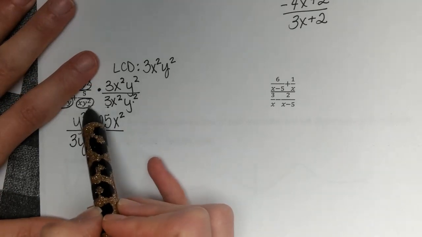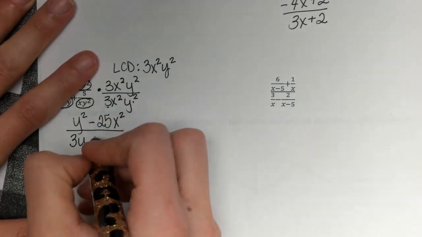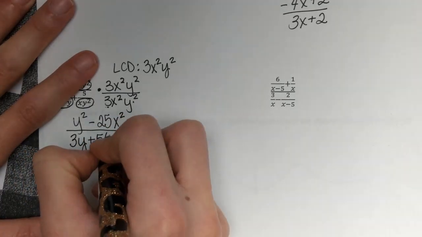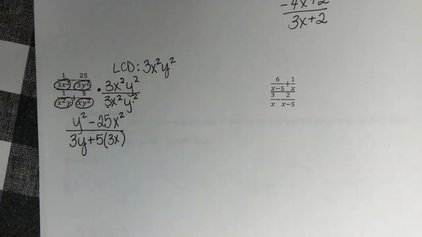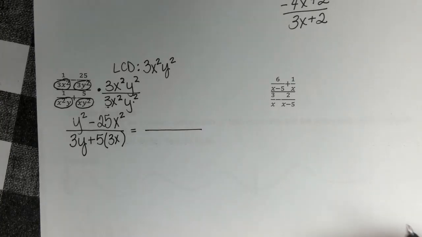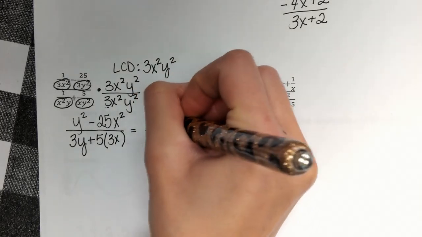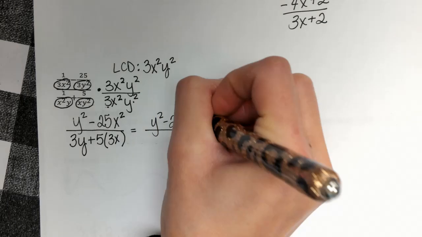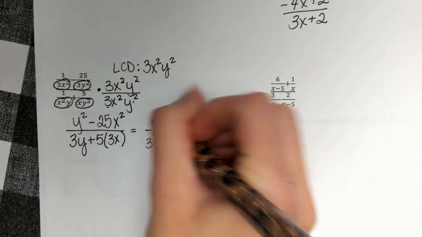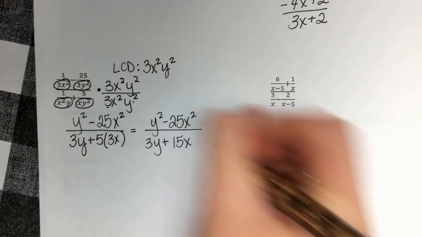X, y squared. What am I missing? So I take that 5 and I'm going to multiply it by 3x. So y squared minus 25x squared. And then 3y plus 15x.